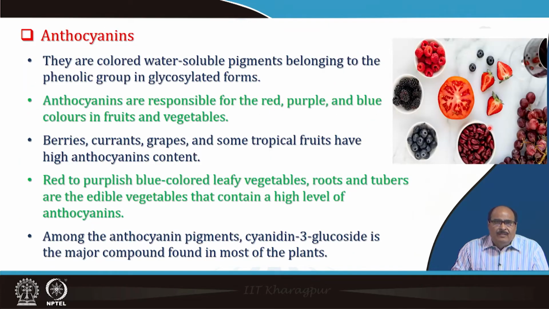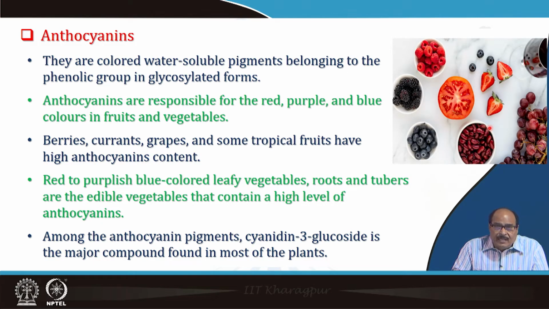Okay. Then anthocyanins, that is another class of compounds. They are colored water soluble pigments belonging to the phenolic group, in glycosylated forms. Anthocyanins are responsible for red, purple and blue color in fruits and vegetables.